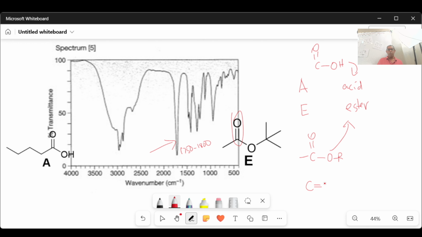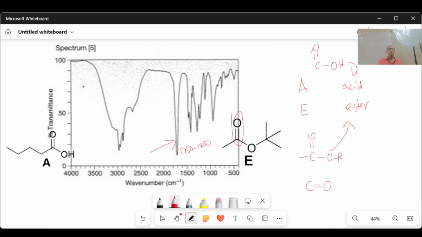Both have C=O, so that might be confusing. It may not be characteristic, but in the future we'll see the carbon-oxygen in ester is much higher than in an acid. But that may not be a conclusive way to deduce this.